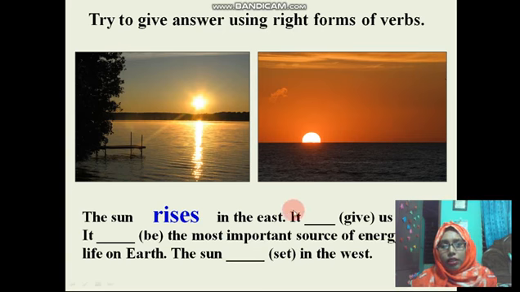Next, it dash, in the bracket give, us light. It means it's a universal truth. Sun gives us light. That's why the answer is gives, because the subject is third person singular number and it's present simple tense. In present simple tense, you have to use s or es with the main verb. It dash the most important source of energy.